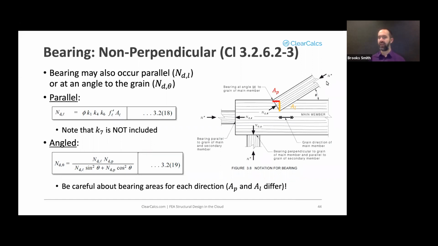So in the example drawing shown on the right here, I've shown what A sub P and A sub L would be for this member. Because it's at an oblique angle, A sub P is going to be smaller than A sub L, because you take what's exactly perpendicular and what's exactly parallel to the grain. So calculate each of those individually, combine them together, be conscious of what your bearing area is for perpendicular versus parallel.